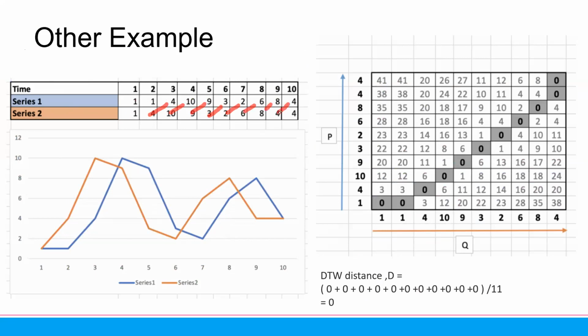Then we can apply again the dynamic time warping. So you can generate the cost matrix. Okay. After you generate the cost matrix, you can identify the warping path. The warping path means from the top right onto the bottom left. So you will see like this one.